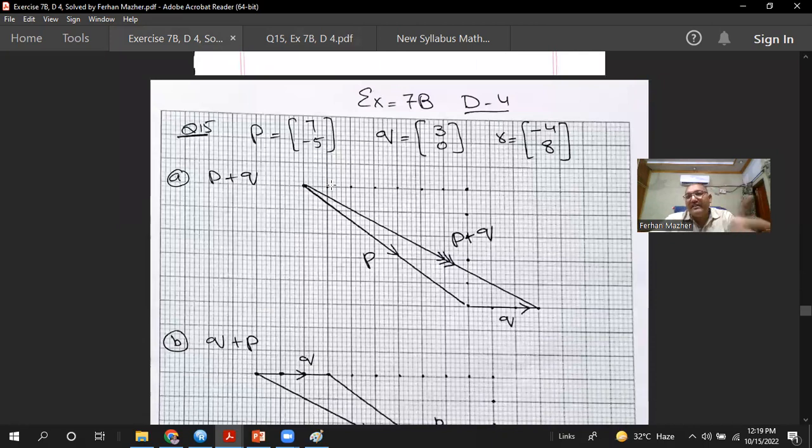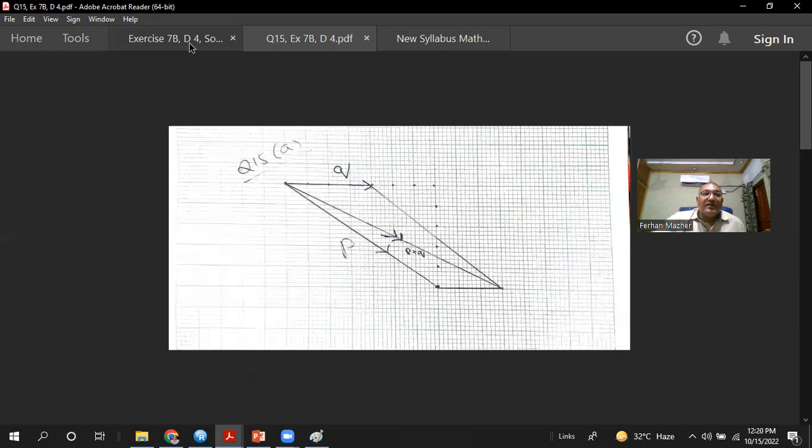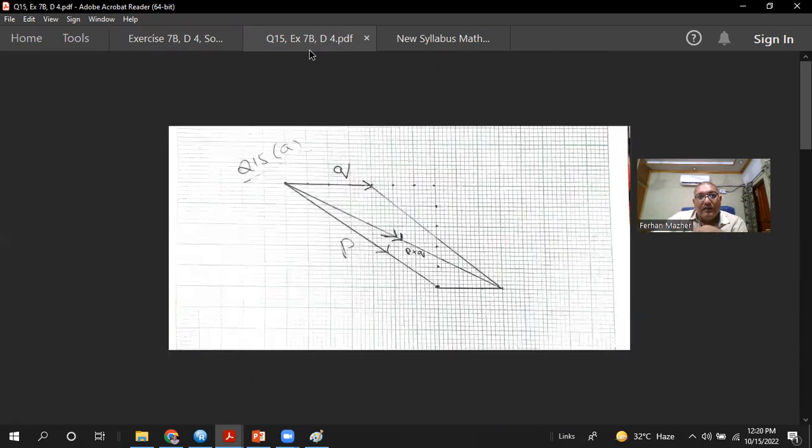So hopefully you understand. I have drawn them. You see, I did it with the help of the triangular law. And here I did the same. Let me show you. This is part A. So here the P plus Q is done with the help of the triangular law. And here the P plus Q is done with the parallelogram law.